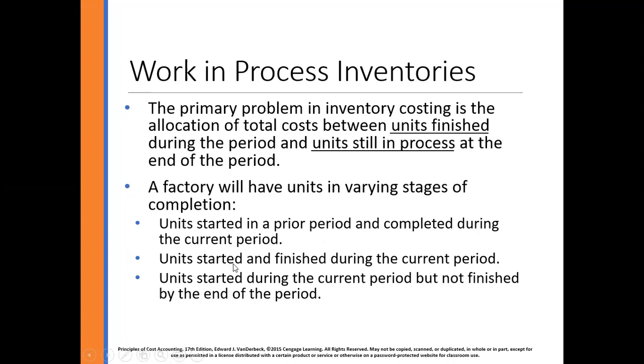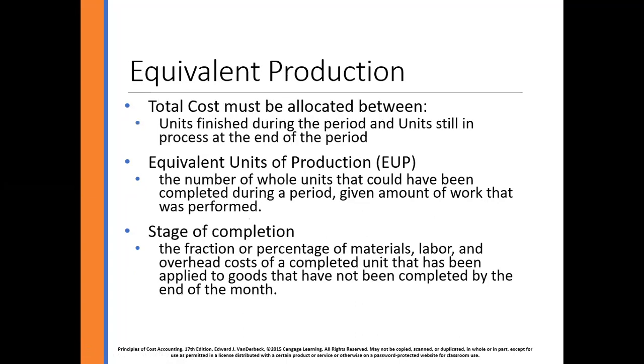Or units that we started in September and will finish during September. Or units that we start in September but won't finish until October, maybe. So we have units in varying stages of the production process and varying stages of completion.